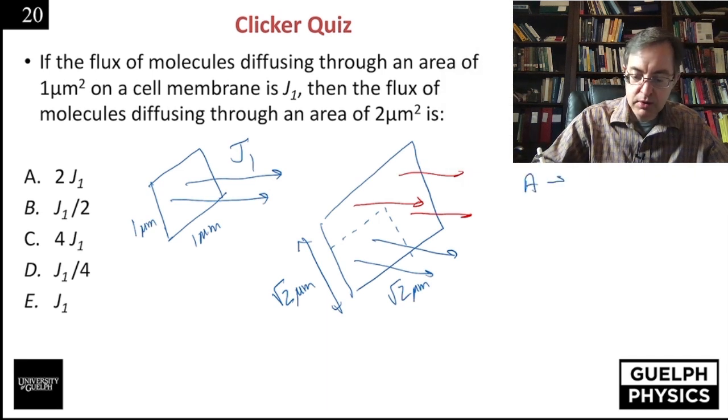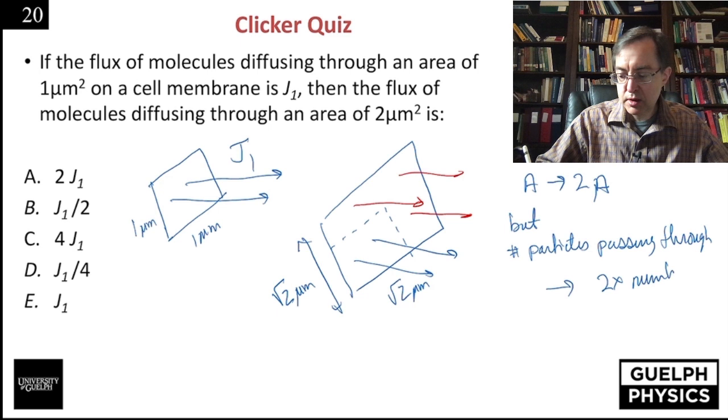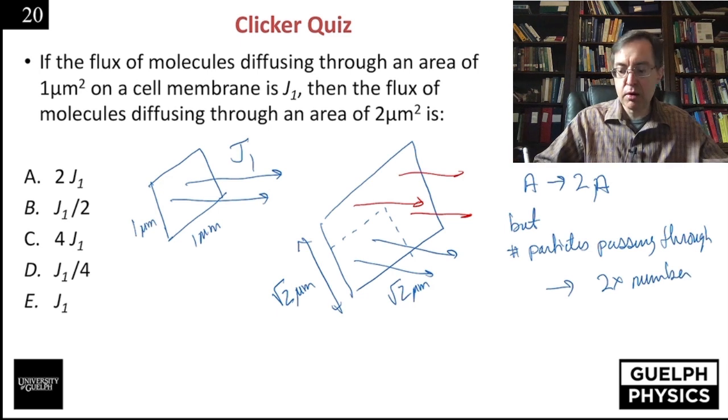The area goes to twice the area, but the number of particles passing through also goes to 2 times the number of particles, because you have 2 times the area of opening.